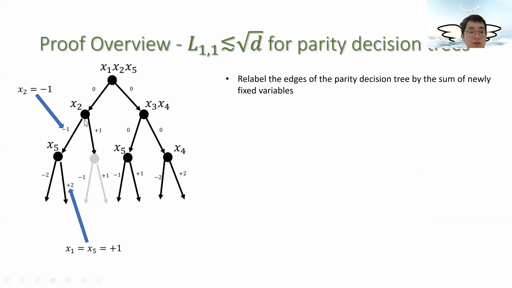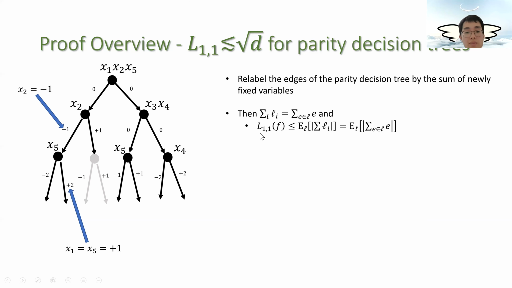And then if it goes left, it will query x2, and thus fixing x2 to be +1 or -1. And then it goes left, for example, and queries x5. Then not only does it fix x5, but also x1, because we know the parity of x1, x2, x5, and know the values of x2 and x5. Therefore, the sum of l_i equals the sum of edge weights.